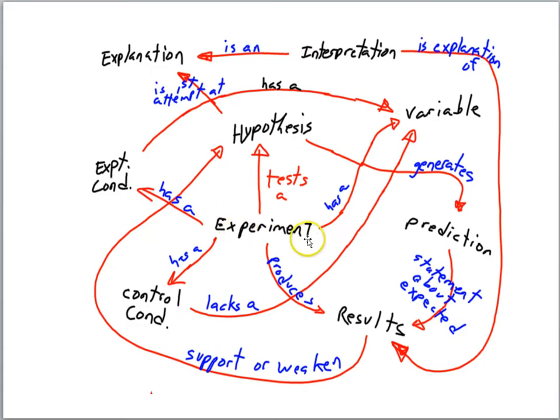A concept map might look like this. These are terms, these are concepts in the scientific method. So an experiment is used to test a hypothesis. An experiment produces results.